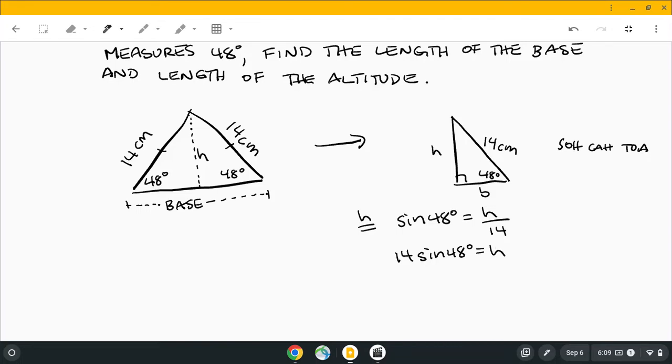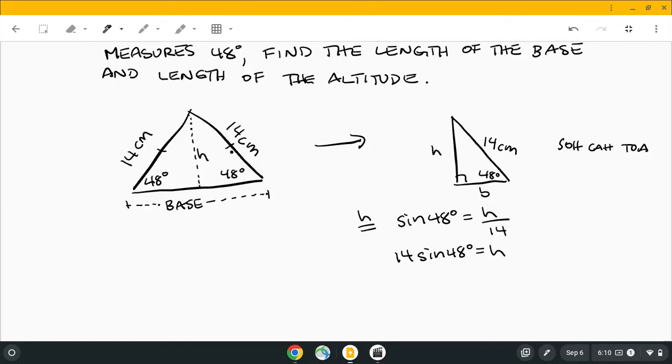And then when you punch that into your calculator, you'll get a long decimal number, right? But if we take a look here, our sides are only 2 significant digits. So 2 significant digits means nearest degree.